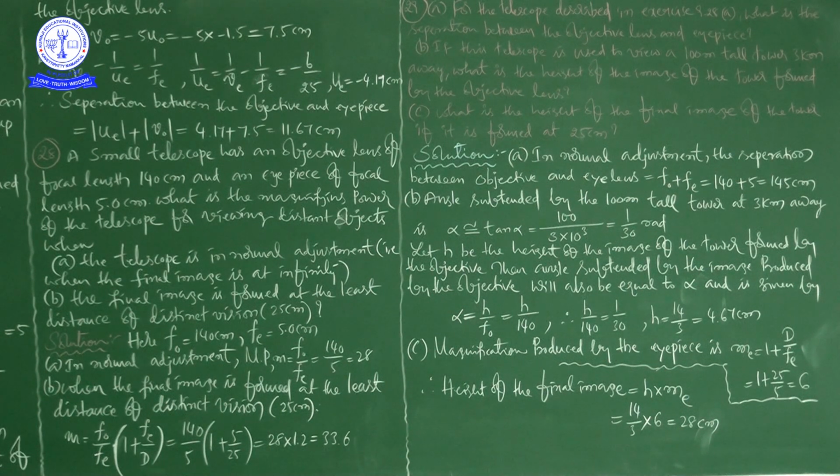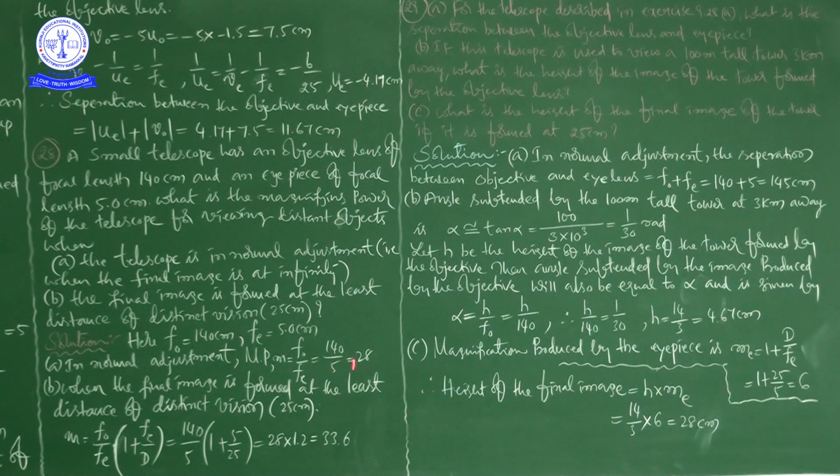Generally we first write the given things, that is F0 and Fe. First A, in normal adjustment, magnifying power small m is equal to F0 by Fe, that is 140 by 5, which is equal to 28.